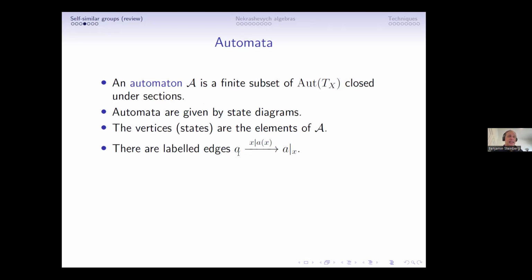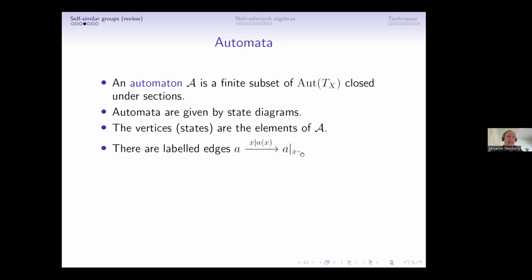And the edge from an automorphism A has a label. On the left side, the label is going to be an element of the alphabet, which is an input x. And the right side of this label is what this permutation does to the letter x. It's the output. So the input is x, the output is A of x.